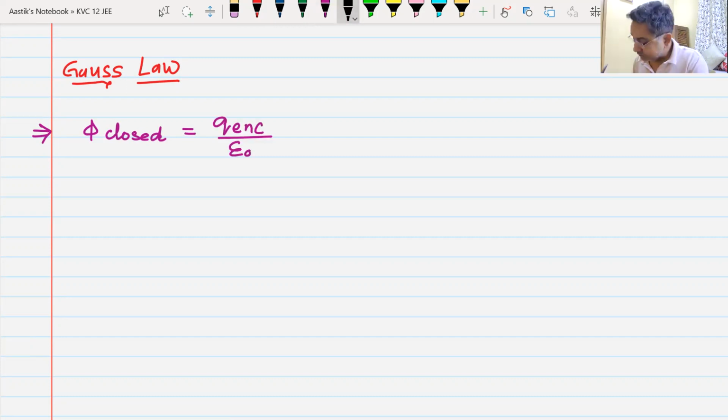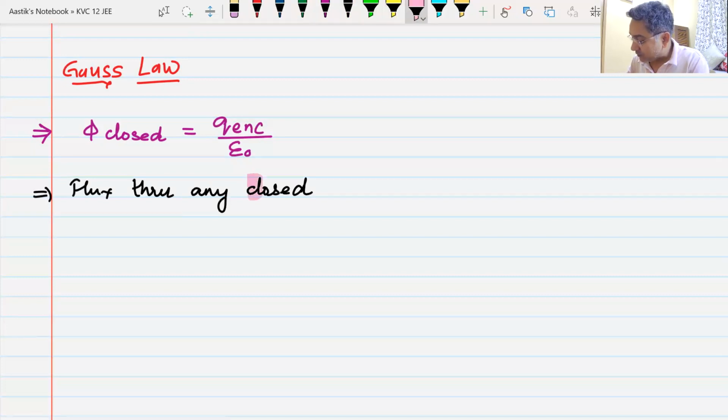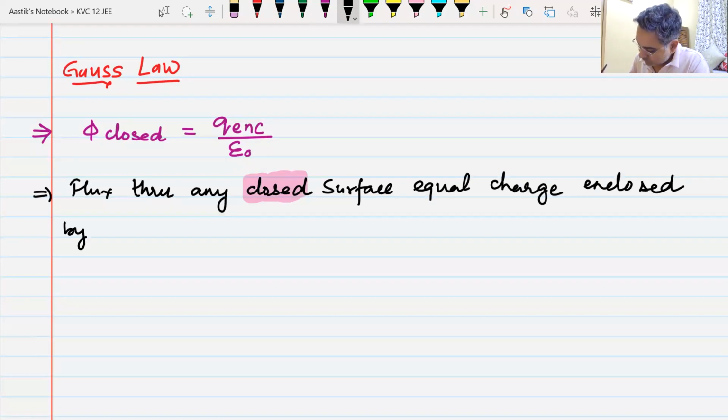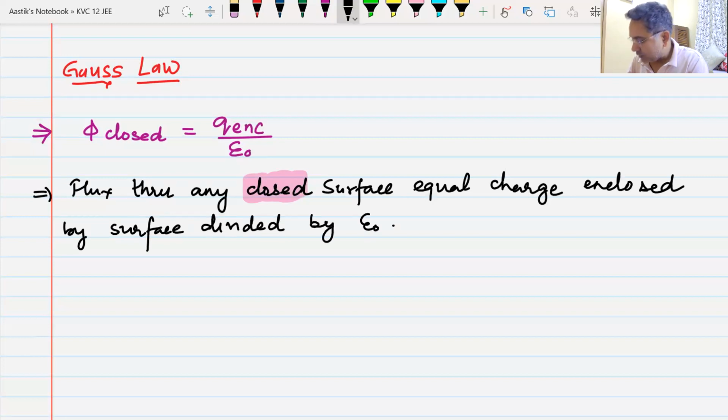Gauss law states that electric flux through any closed surface, remember, it is only valid for a closed surface, and that is why we had given so much importance to this closed surface, equals the charge enclosed by the surface divided by epsilon naught.